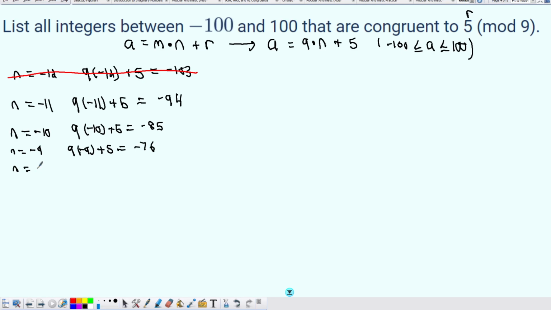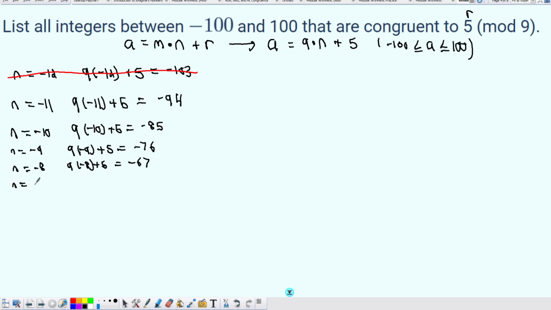n is equal to negative 8. 9 times negative 8 plus 5 is negative 72 plus 5, which is negative 67. And we'll just keep going.